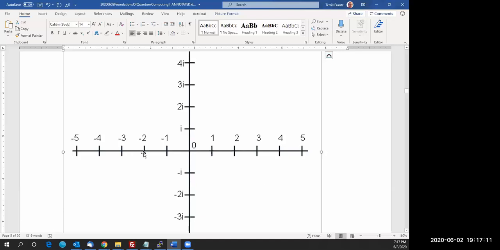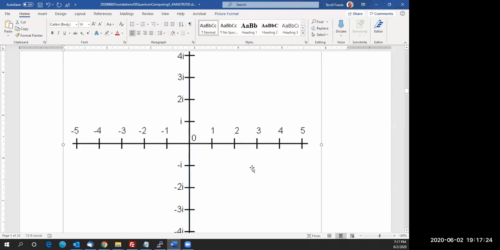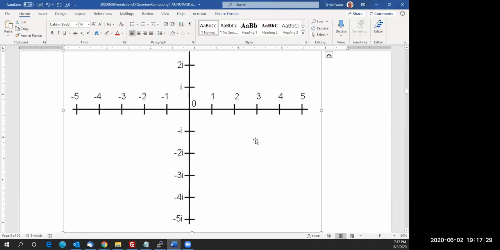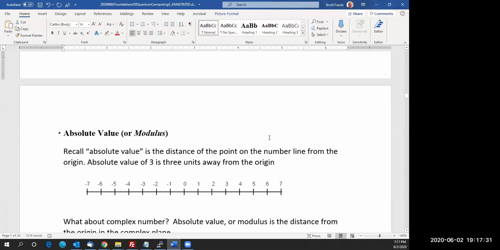If I had a complex number of minus 2 minus i, the conjugate of that would be minus 2 plus i, and that would be right here. So it would flip over the x-axis, or the real axis is the proper way to say it. All right, so that's a conjugate.